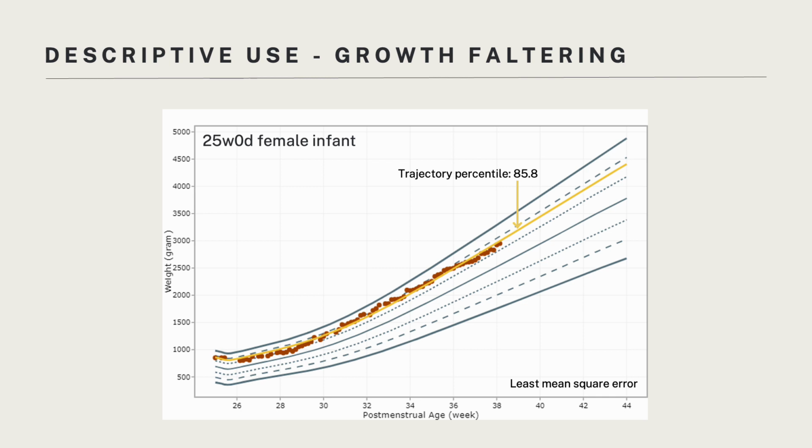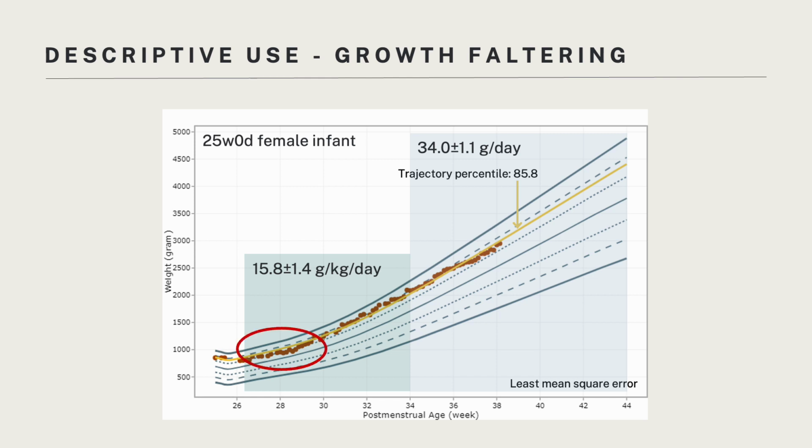For the trajectory percentile of 85.8, the corresponding growth rate is 15.8 grams per kilo per day in the weight acceleration phase and 34 grams per day in the stable weight gain phase. Now we can take a closer look at this infant's growth at around 2 to 3 weeks of age.